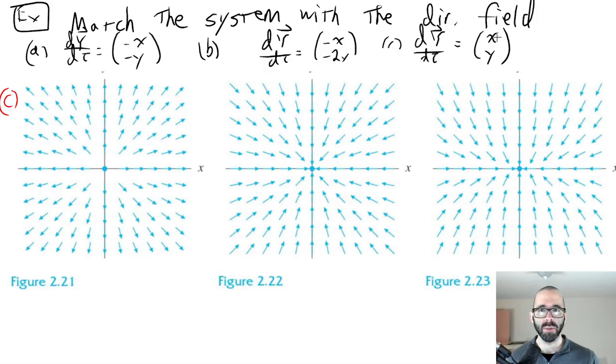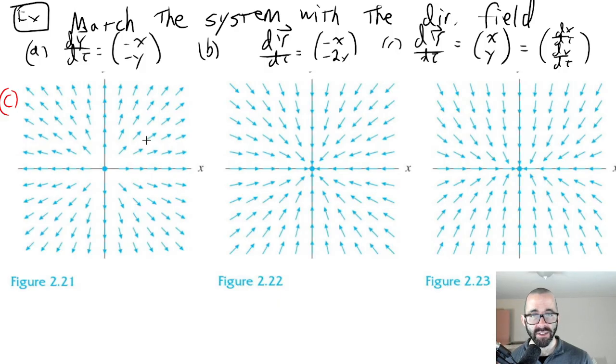All right. If x is positive, notice that, and again, just a little reminder, this is dx dt. And this is dy dt. That's what dy dt means. It's the vector of the rate of change of x and the rate of change of y. So we see, yeah, in the first and fourth quadrants, if x is positive, the rate of change of x is just x.